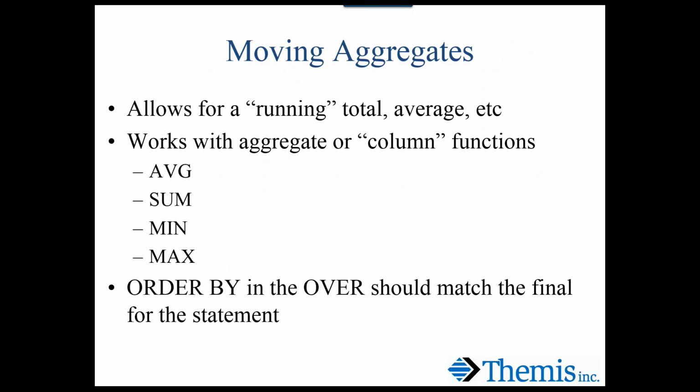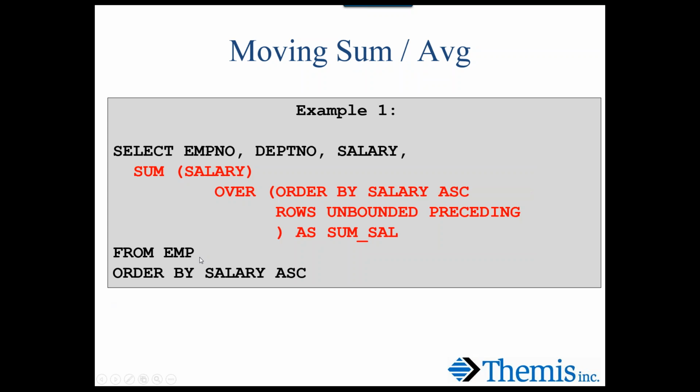This allows you to do kind of a running total or a running average or something like that. And so we're going to combine what we just saw with that order by in the over clause with these column functions, sum, average, min, and max. So here's an example of that.